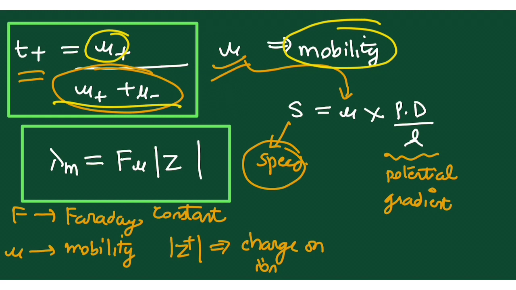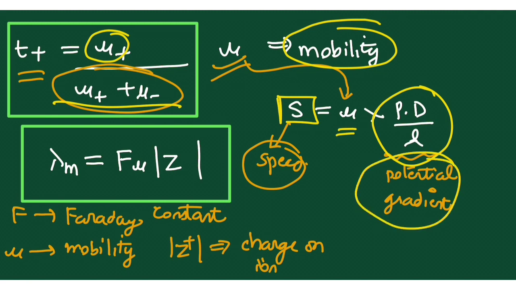Okay. So S is equal to mu into PD divided by L. What is PD? That is potential difference divided by length. That gives you the potential gradient. Now, how do you have to remember this? I can assume that you must have seen the Power Rangers SPD in your childhood, right?